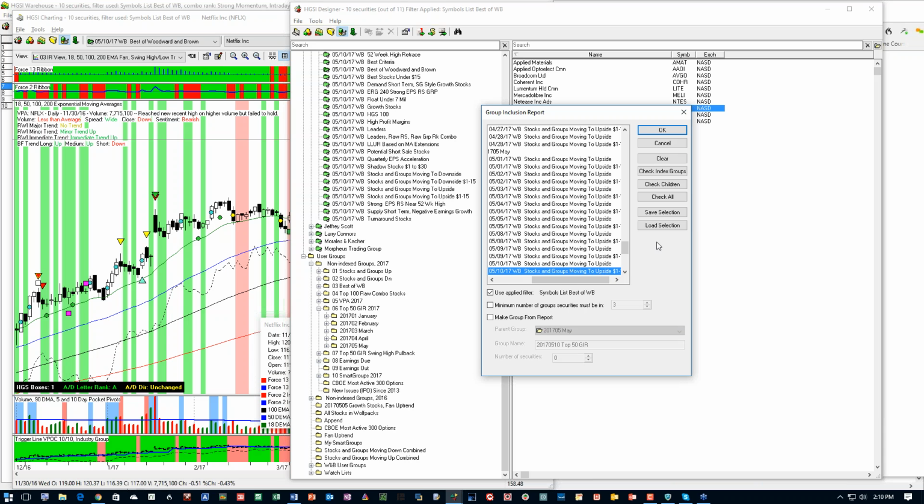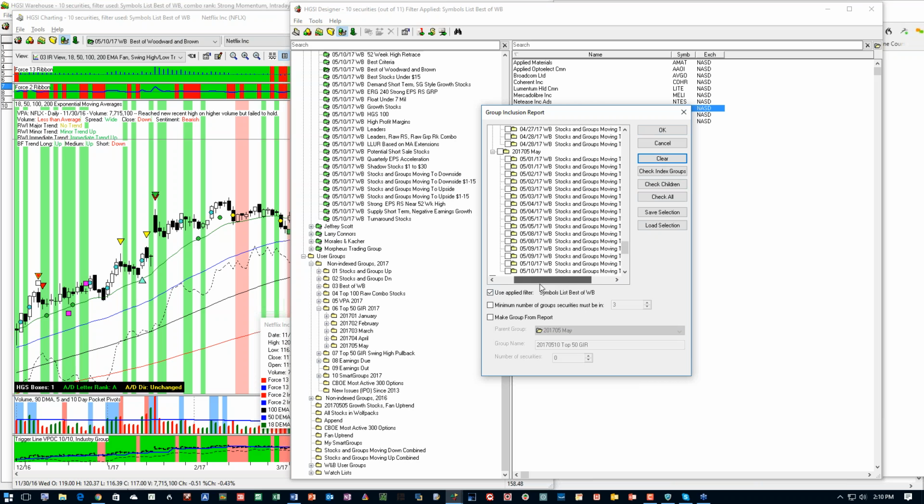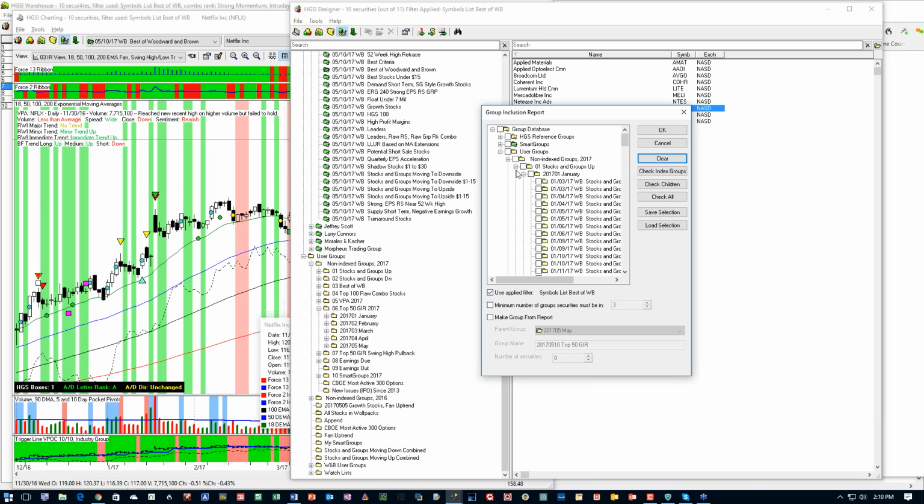I'm going to clear this. Actually, let me do the raw combo, and then I'm going to come back to this because I don't want to clear this filter out. So let's do it this way. Let me finish what I was doing.